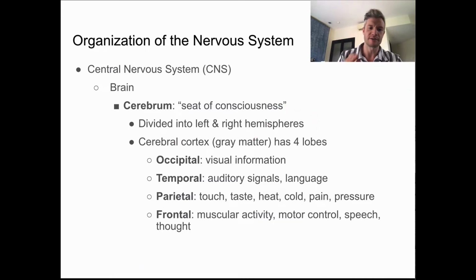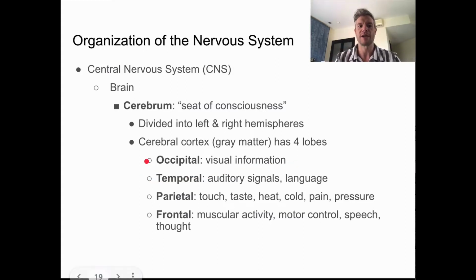So yeah, there's a left and right hemisphere of the cerebrum, and it's primarily the cerebral cortex, which is made out of 4 different lobes and is primarily something called gray matter, which we'll come to learn is slower signaling, which is good because that allows integration of information.